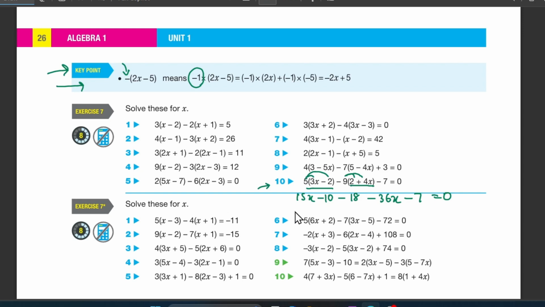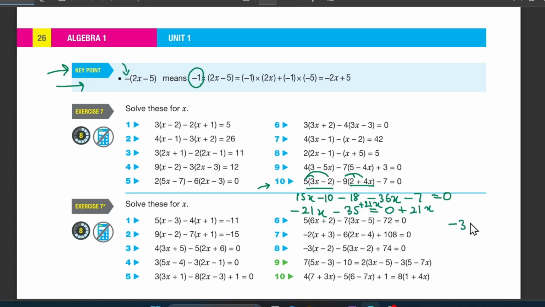So then I get minus 21x minus 35 equals 0. Then I can get rid of this minus 21x, so I add plus 21x to both sides.